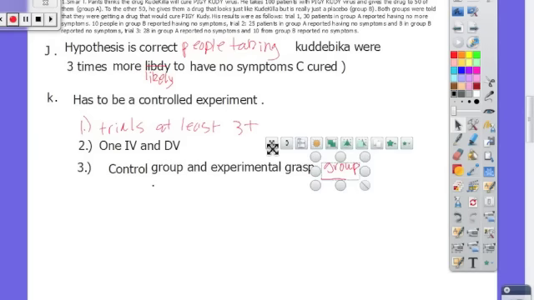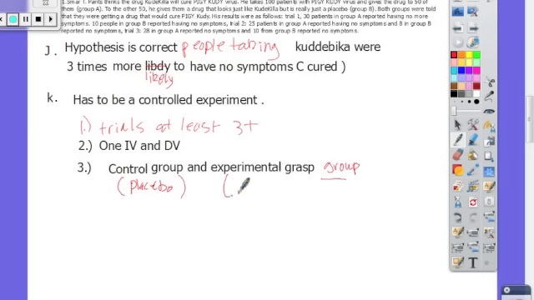All right. And in this case, we did have an experimental and control group because if you remember, your control group was the placebo group and the medication group was A and placebo was B. So it had that, and it also has to have some constant variables, and one hypothesis.